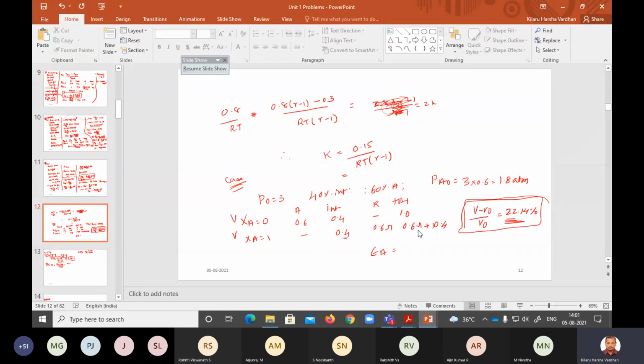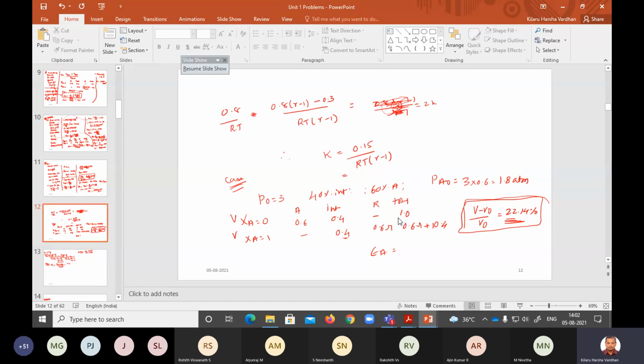So total is 0.6r plus 0.4. So epsilon A is nothing but (0.6r plus 0.4 minus 1) divided by 1. Am I right? And if you substitute the entire thing in this formula, you end up with V minus V0 over V0 as 22.14%.